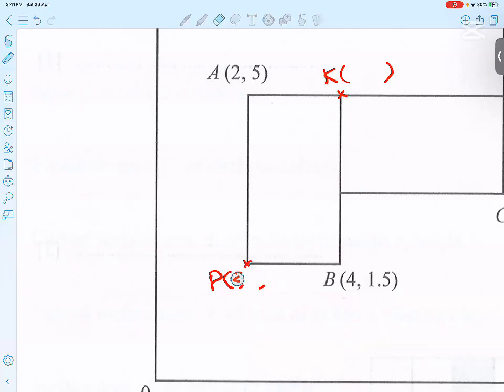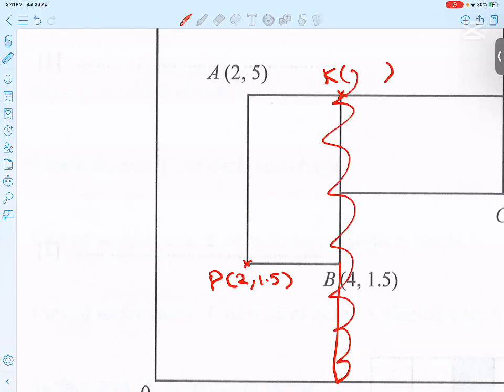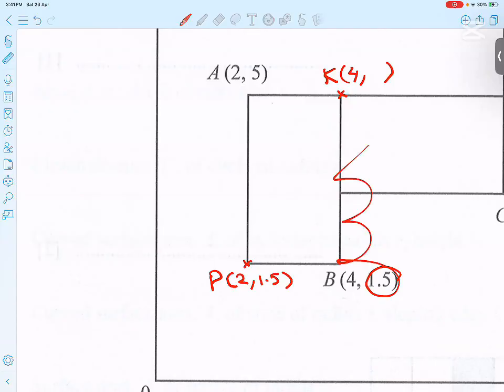Let me write it again, 2, 1.5. Now look here, the X coordinate is 4, so it is confirmed 4. But this Y coordinate, if I go up, will not remain the same. It depends upon this Y coordinate, and it is 5. I believe this point is very clear.